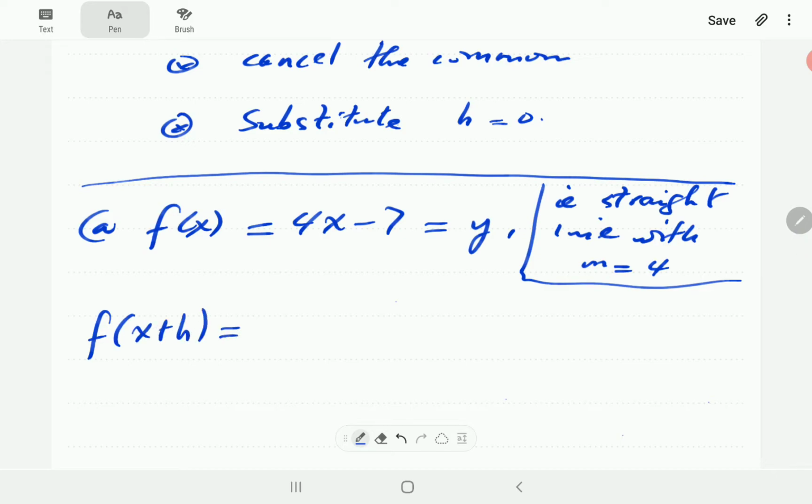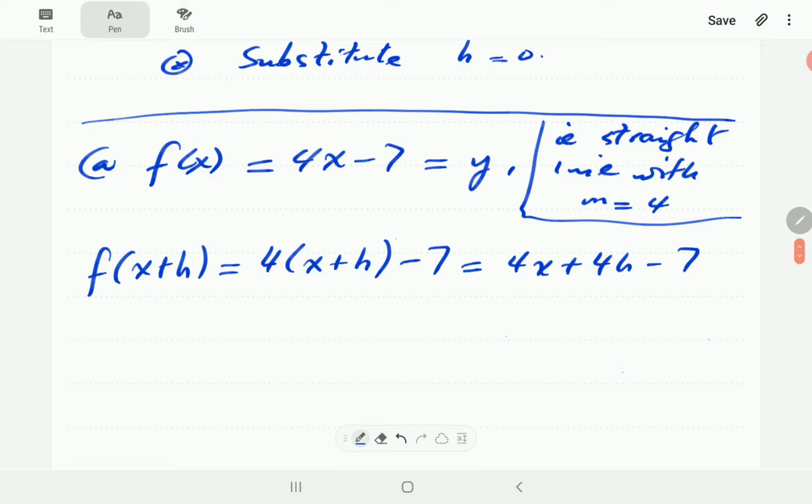Well, from f of x, every x is replaced by x plus h. So here we're going to have 4 into, it was 4x, is now going to be 4 times x plus h. Okay, then we're going to remove brackets here. There's going to be 4x plus 4h minus 7.